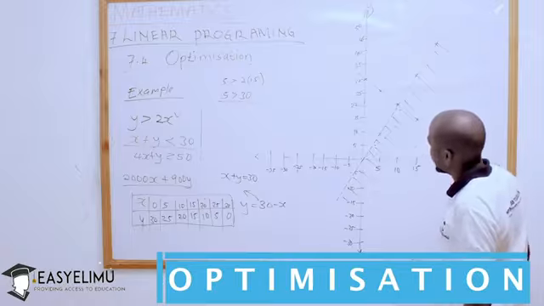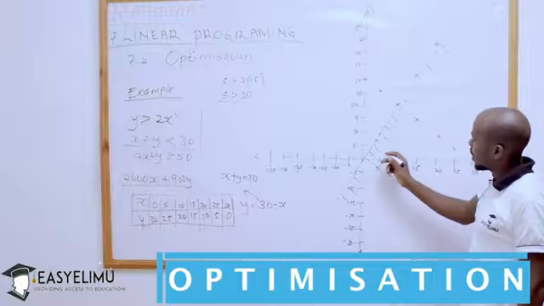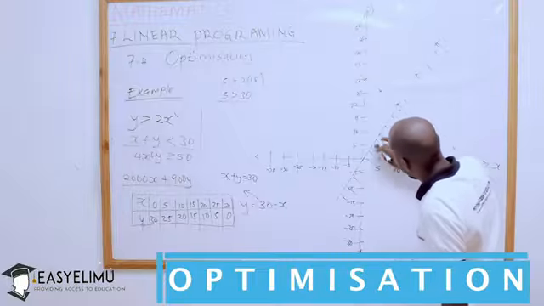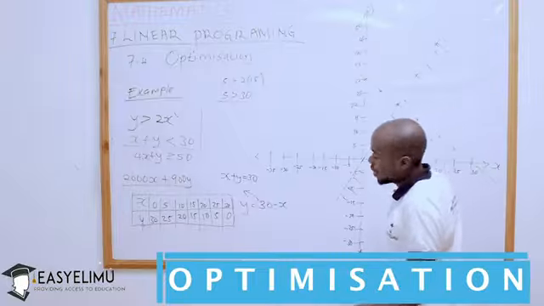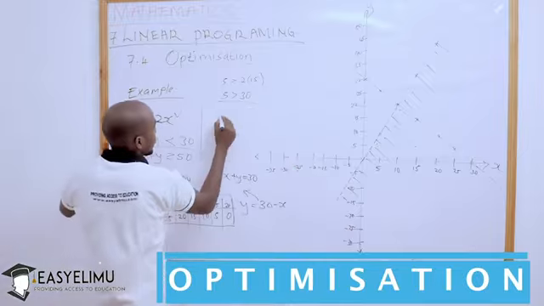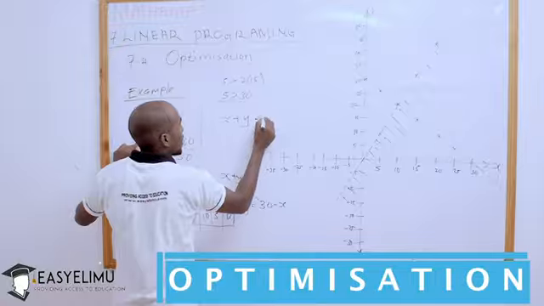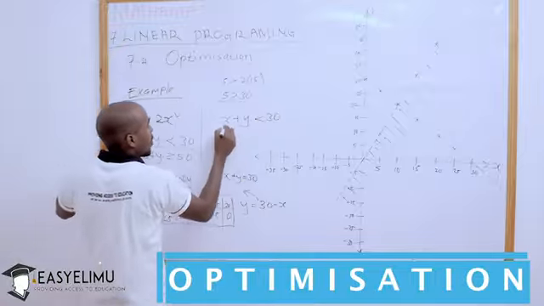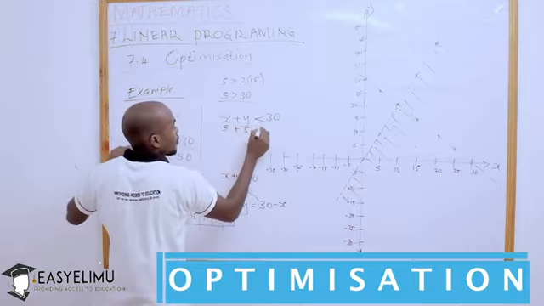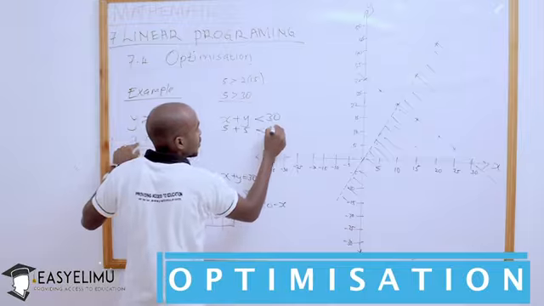If we take x plus y, we should get less than 30. With 5 and 5, we get 10, which is less than 30.